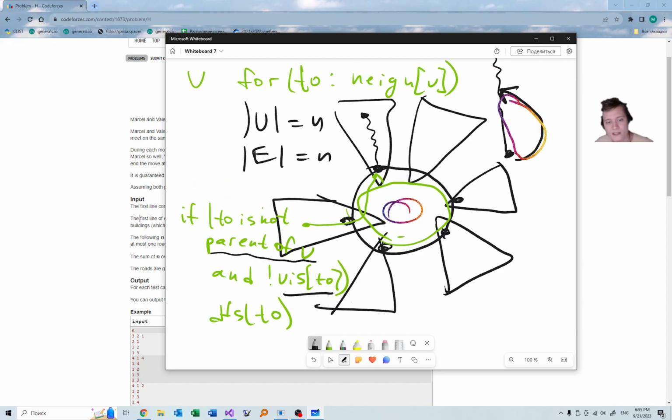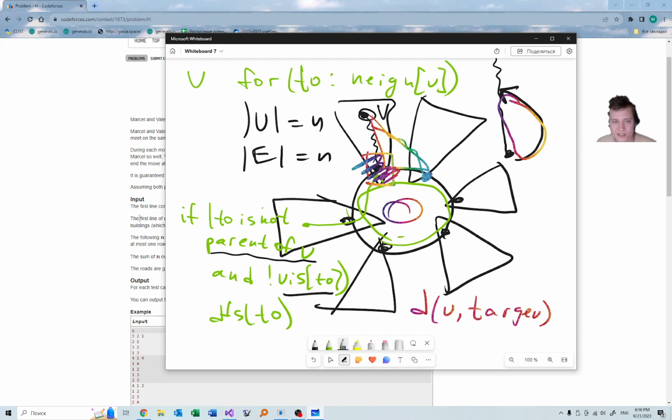Then you need to find the nearest vertex of this cycle to Valery. It's actually the only one vertex, because if there were two vertices, then there would be another cycle. After you've done it, you know this vertex, which I call the target, and you know the distance between V and target.